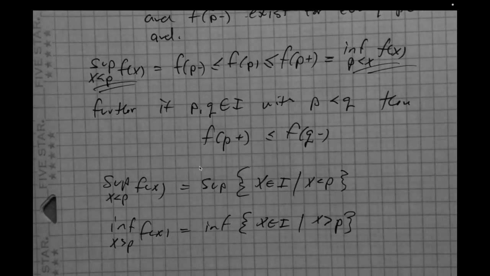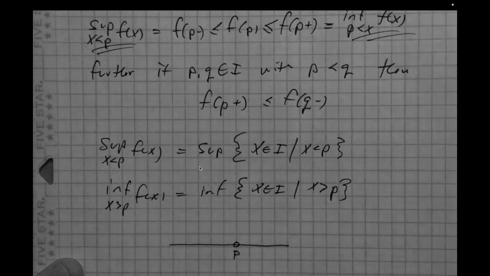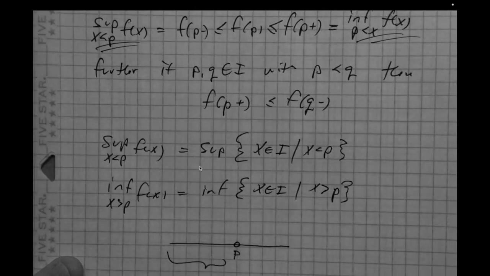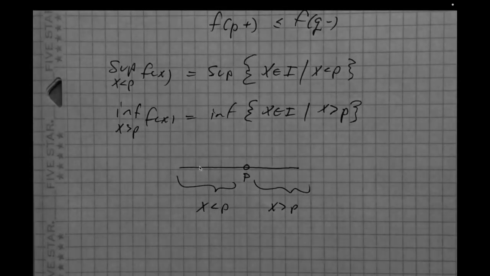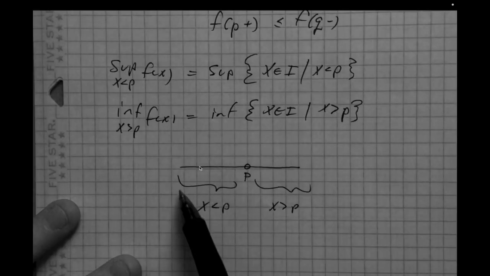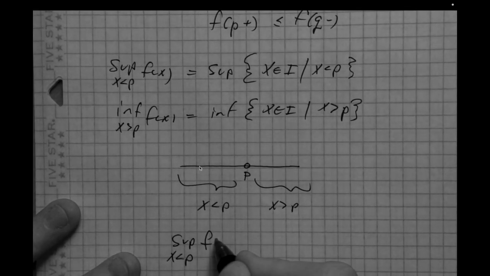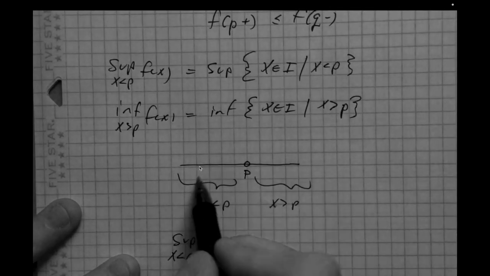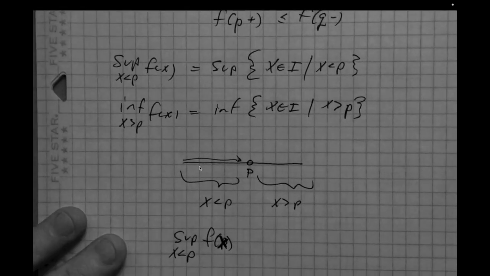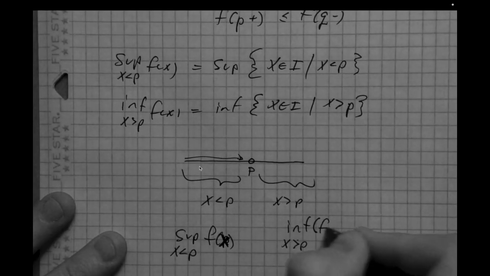Okay. Right, and so just think of it like this. You've got some interval here, and p is right in the middle. And so everything over here, this is the x less than p set. And this over here is the x greater than p set. Right, and so it's intuitive that the supremum, so what is the supremum x less than p of f of x? Right, that's just, let's get the largest one, right? What is the infimum x greater than p of f of x?